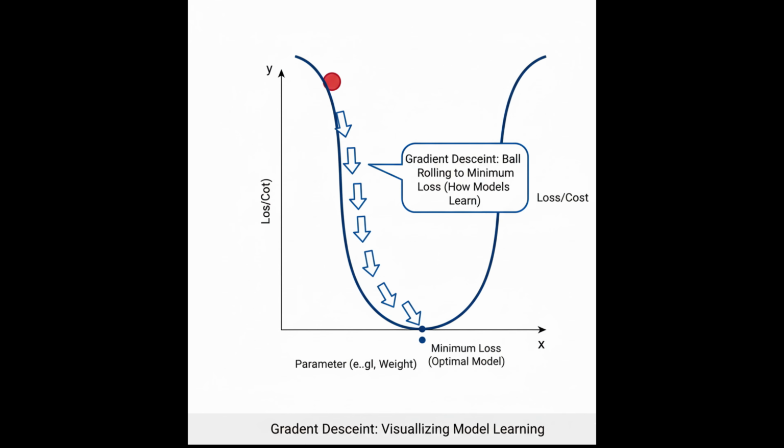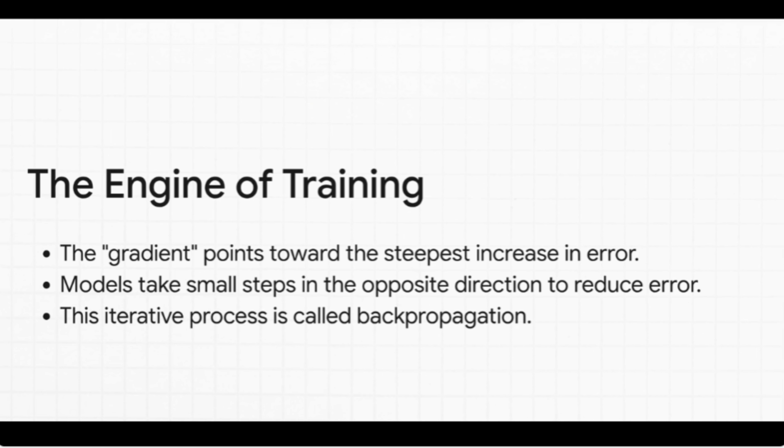The gradient is simply the slope of the hill. It tells the model which way is up. So to get smarter, what does the model do? Well, it just takes a small step in the opposite direction. It walks downhill. And when you do that over and over again, nudging millions of tiny parameters, that process is called backpropagation. It is the engine of modern machine learning.